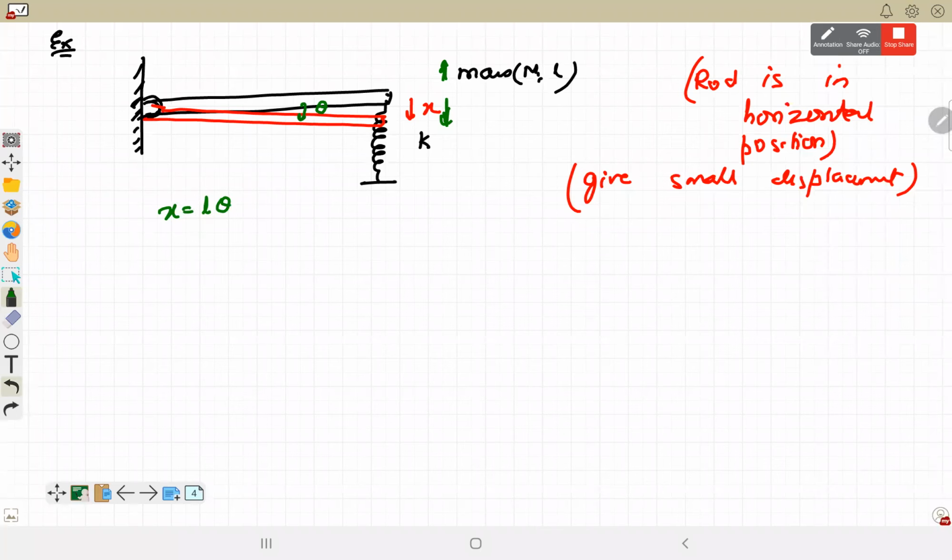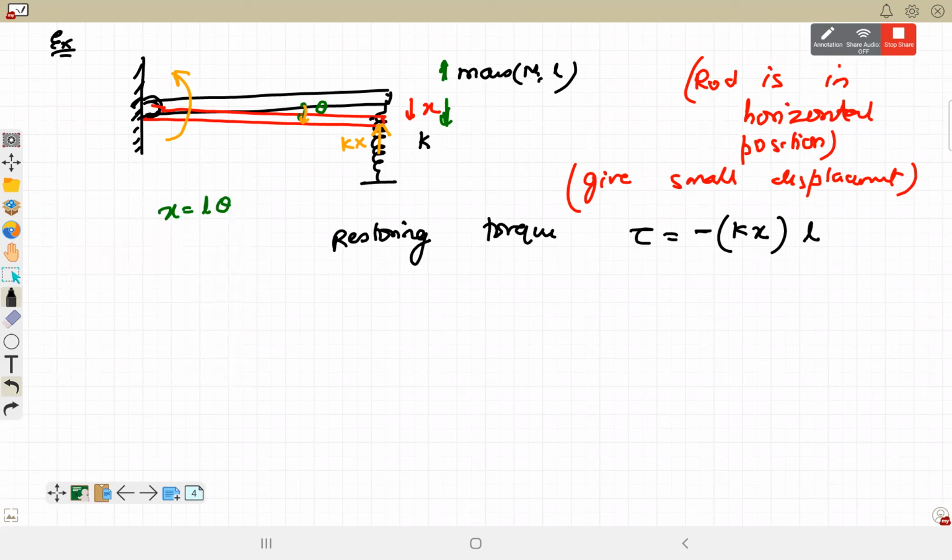The spring will have a compressive force of kx and it will apply a torque. हमने दिया था clockwise angular displacement theta and it is having an anti-clockwise torque in the opposite direction. There will be a torque due to gravity initially, but that has already been balanced. Restoring torque जो इसके ऊपर लगेगा वो इस force का लगेगा, kx का, and the perpendicular distance is approximately L only because theta is very small.